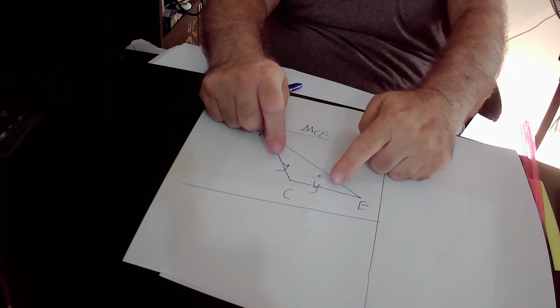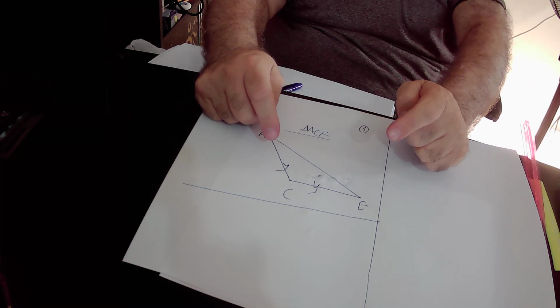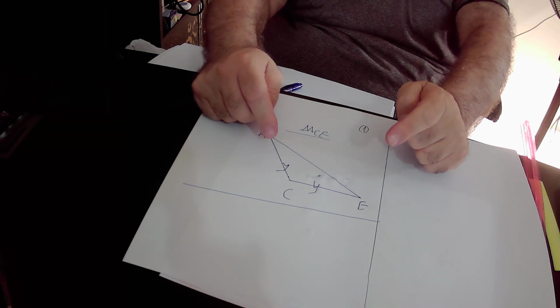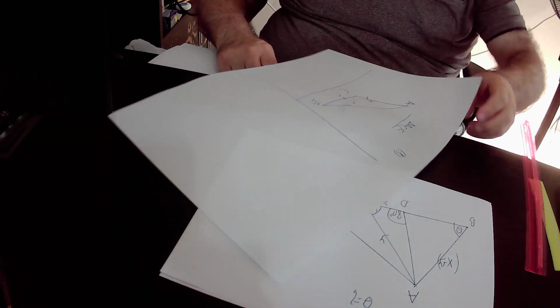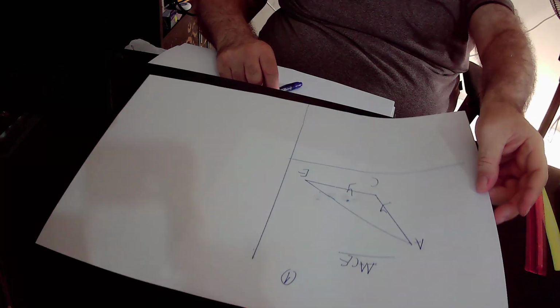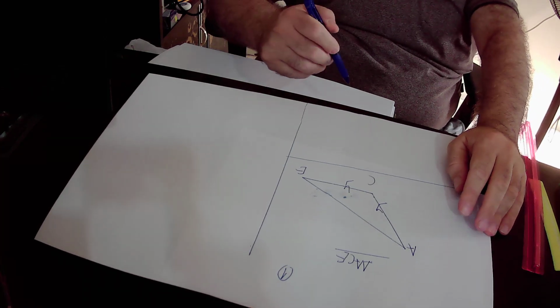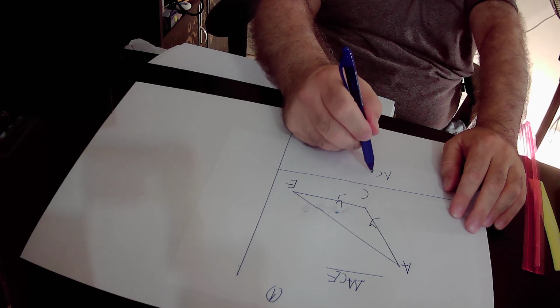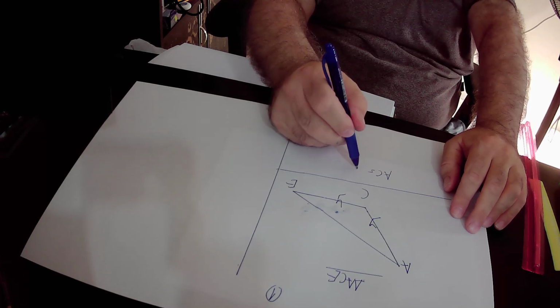Those two sides are equal to each other. They're both equal to y. So I can write down that side AC equals side CE.